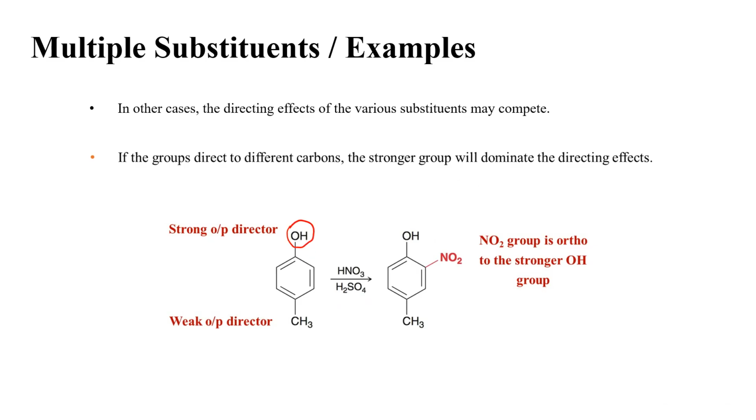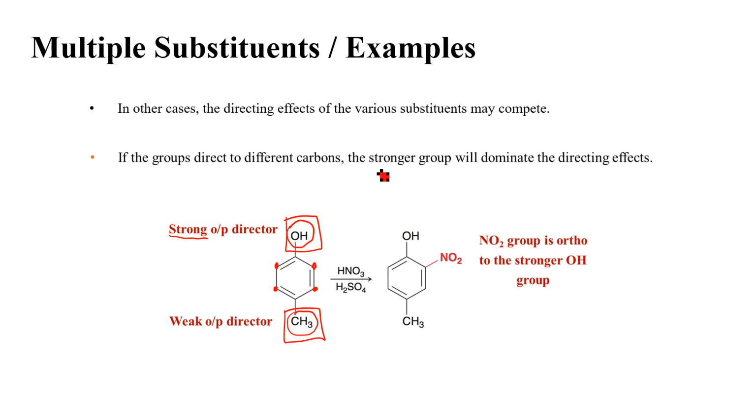This OH group is going to be ortho-para directing, and it's a pretty strong one too. And the CH3 here is a weak ortho-para director. So the question is, do I want to substitute at these positions relative to the CH3, or do I want to substitute ortho relative to the OH? Who's going to win?